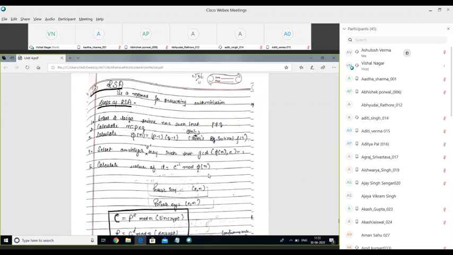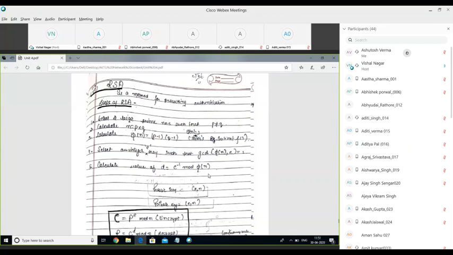As per the properties of the modulus function, if a equal to b mod c, then b equal to a mod c.